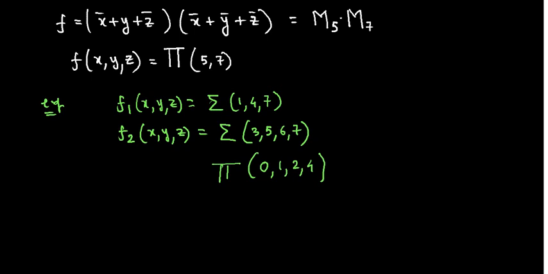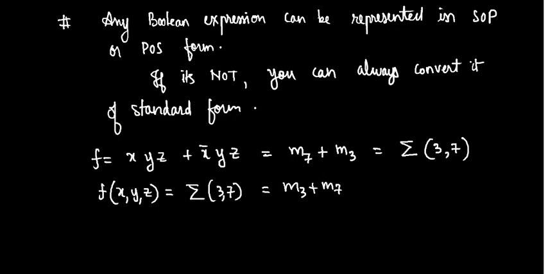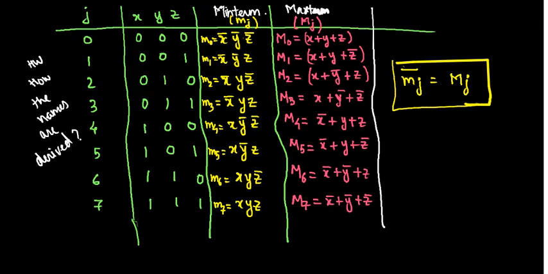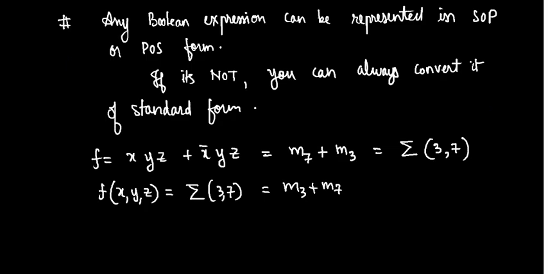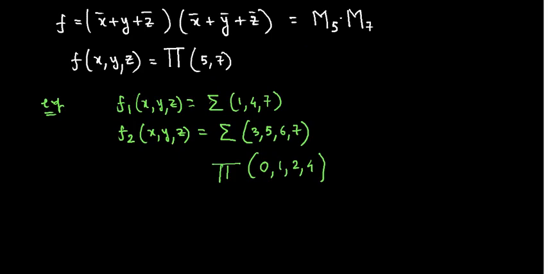See here, whenever I say this, small m as, let's say it is this, you take that example, form a truth table, and express both the functions in min term and max term form.